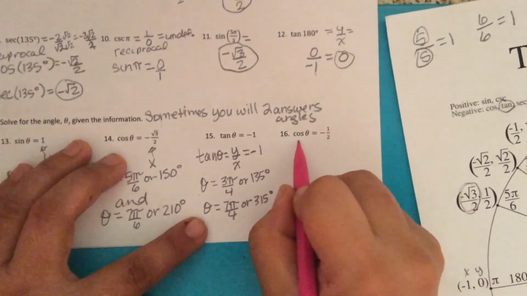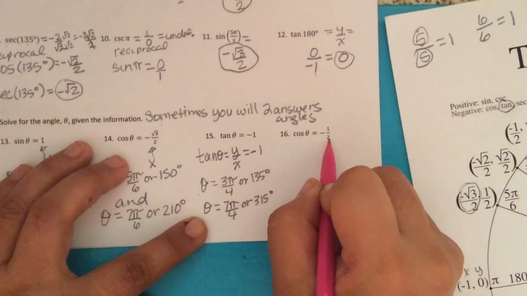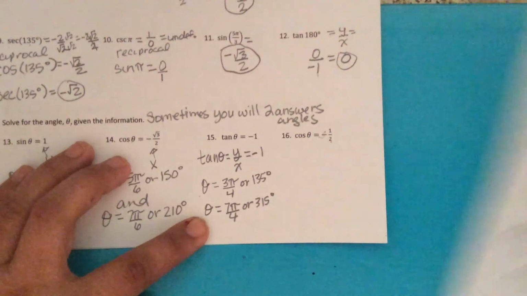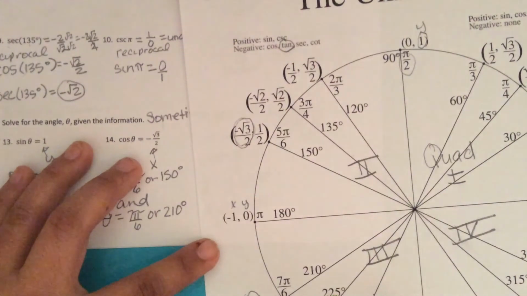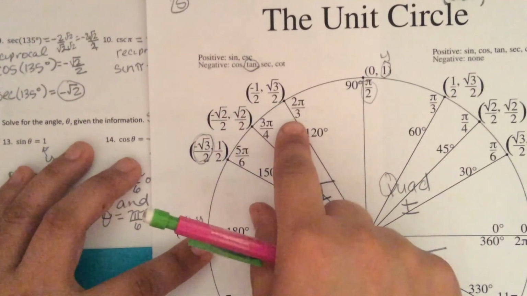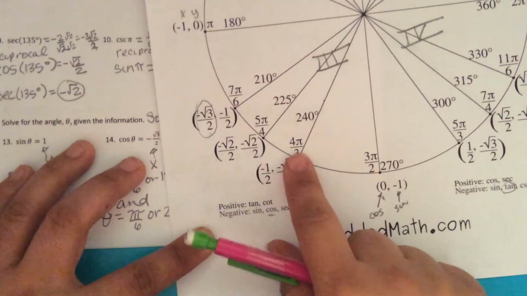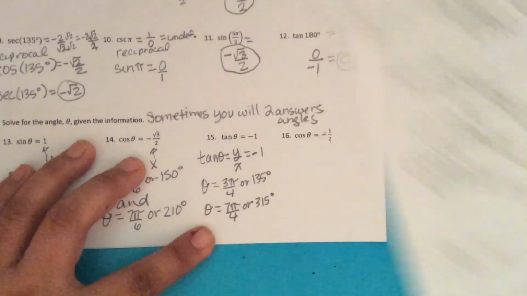And then the cosine of theta is negative 1 over 2. Now the cosine is negative in this quadrant and this quadrant. And you want negative 1 over 2. So it's 2 pi over 3, or 120, and 4 pi over 3, or 240. Okay.